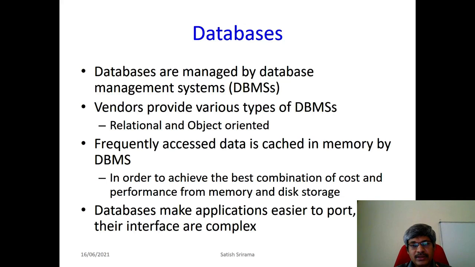So with respect to this DBMS, frequently accessed data is actually cached into memory by the DBMS. Why do we do it? In order to primarily achieve the best combination of cost and performance from memory and disk storage.